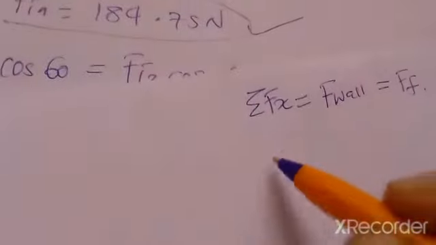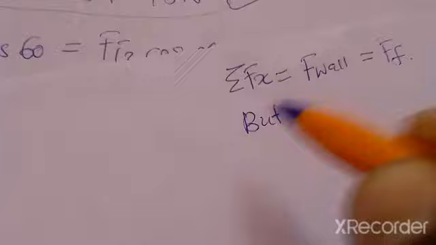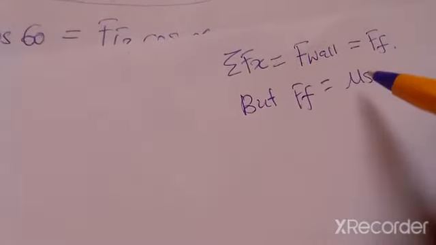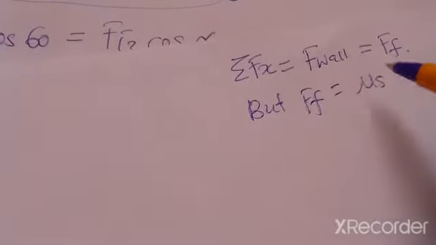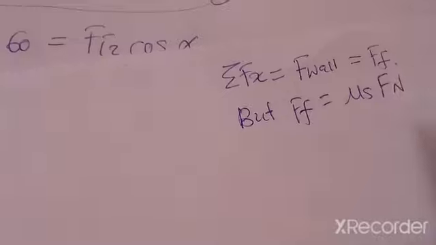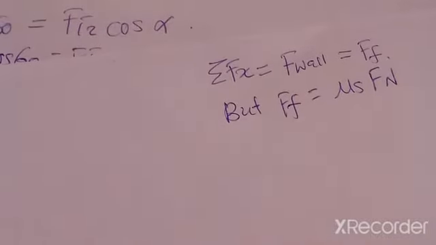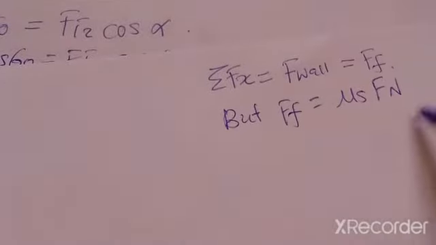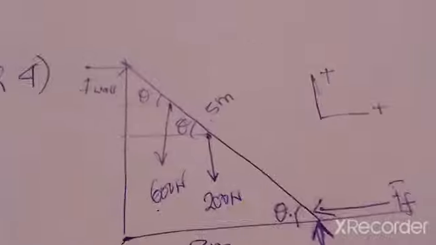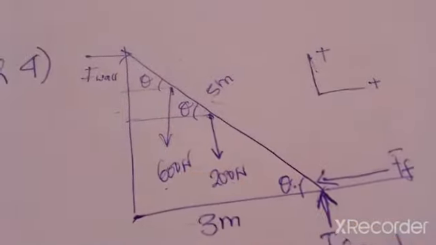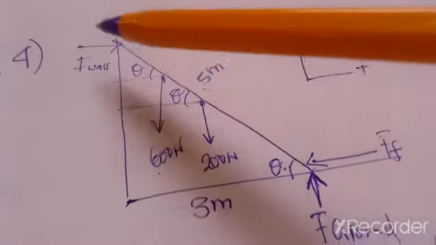But we know that the force of friction is equal to the constant of static friction multiplied by Fn. We've done this a lot of times. Now, the challenge is, how do we get Fn? We know that Fn is the force acting in the opposite direction with reference to the weight, the normal force, in short.